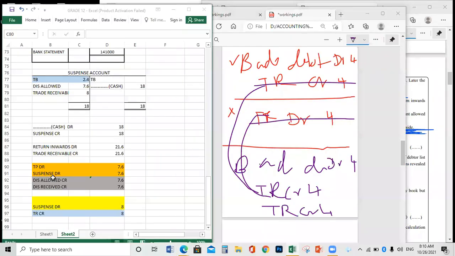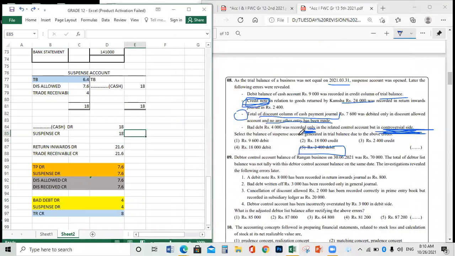Guys, there is a mistake in this question actually. You all understand that, right? So the correct one is the previous one which we found out. We'll just stick to that, because they shouldn't have used that word. They shouldn't have told only. They should have told bad debt was correctly recorded, only the control account is wrong.